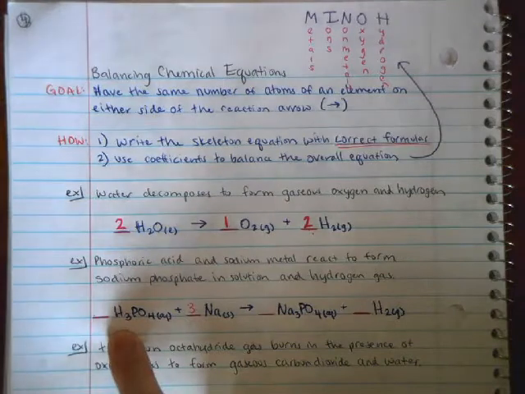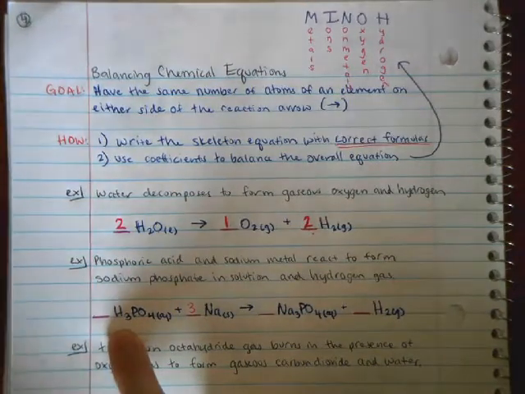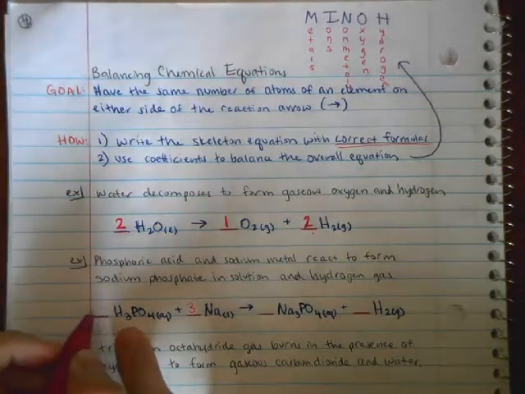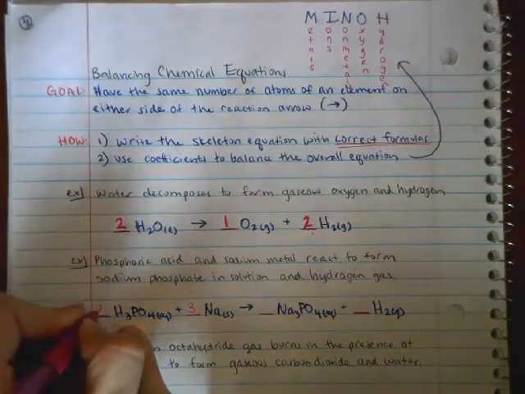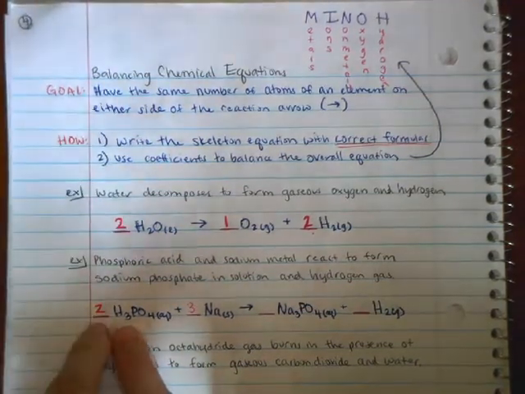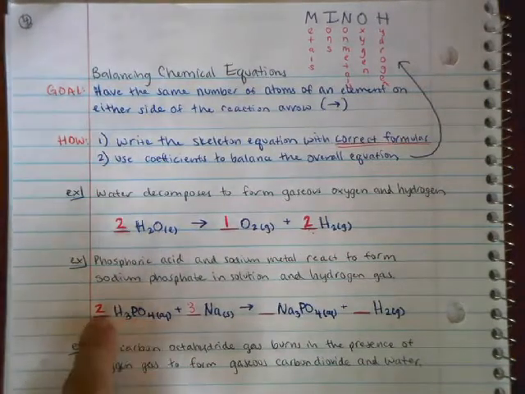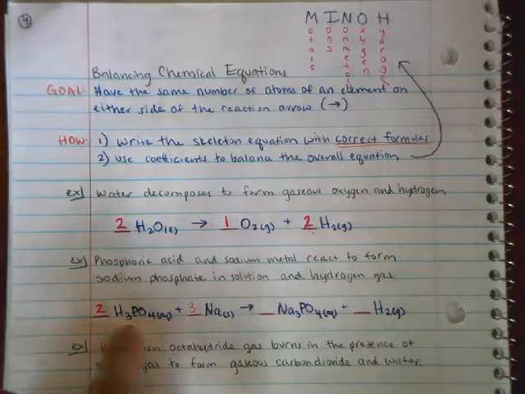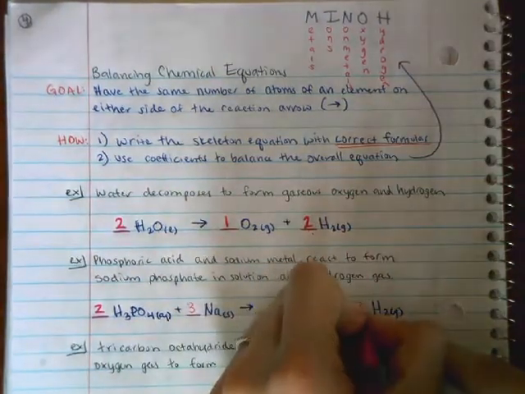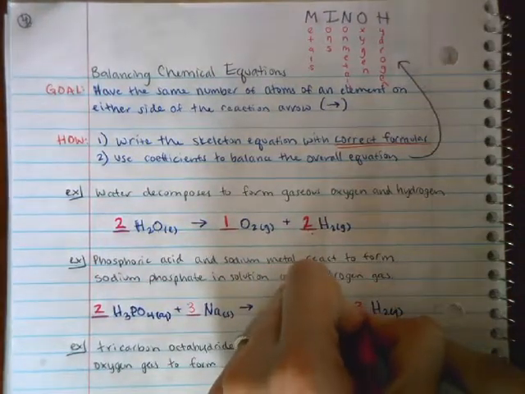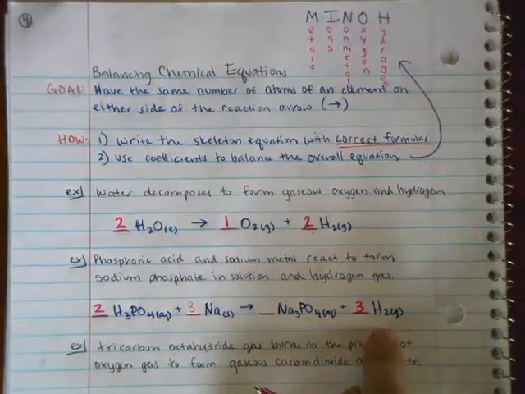So I need 6 hydrogens on the left and 6 hydrogens on the right. To make 6 hydrogens on the left, I'm going to put a 2 right here. So now I've got 2 whole phosphoric acid compounds, which gives me 6 individual hydrogen atoms. And then over here, I'll put a 3. So once again, I've got 6 hydrogen atoms.